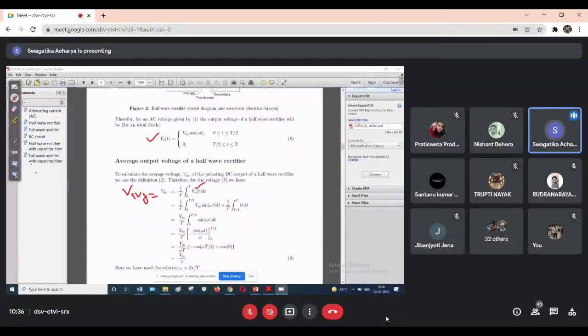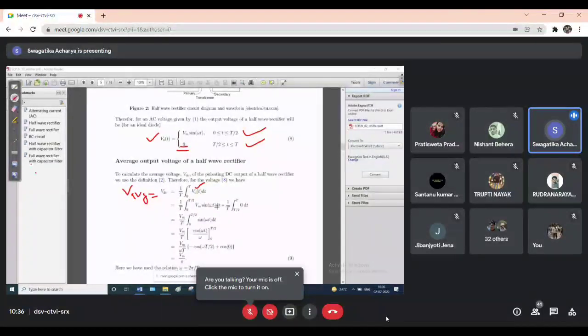Now we are taking it for the output. For the output you have to divide this into two segments. For the positive half it is Vm sin omega t, and for the negative half it is 0. Yes or no? Yes, ma'am. For the positive half we are getting the same as input. So for the positive half 0 to T by 2, I am taking Vm sin omega t dt, and for the negative half, that is T by 2 to T, I am taking 0 dt.